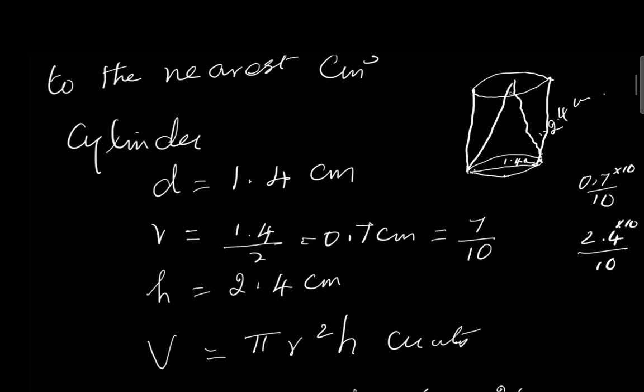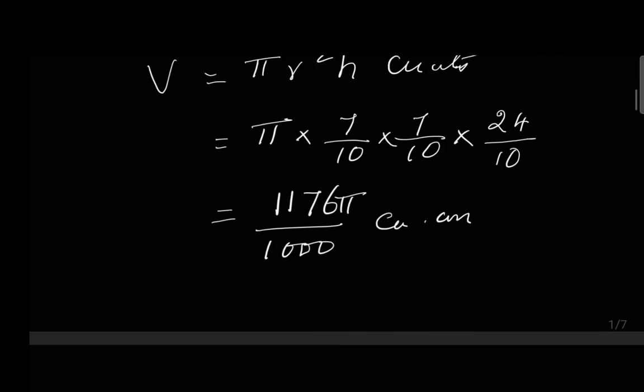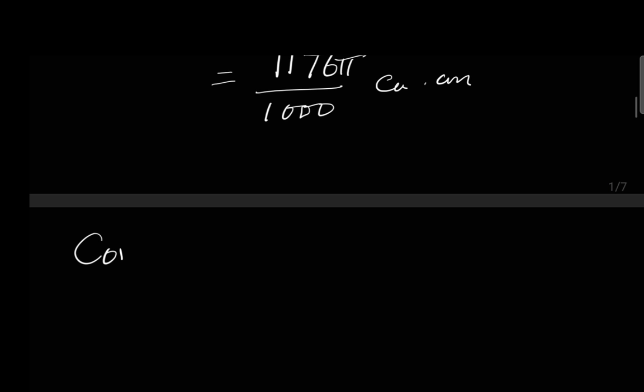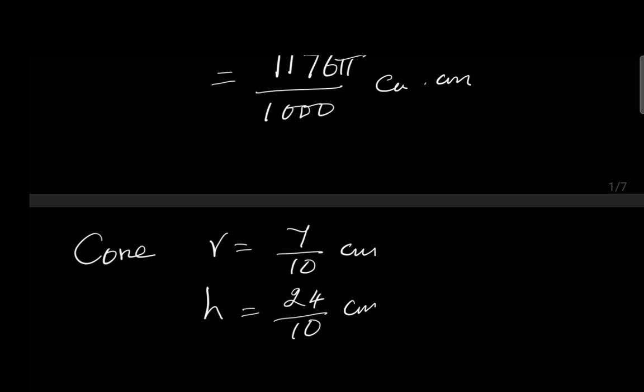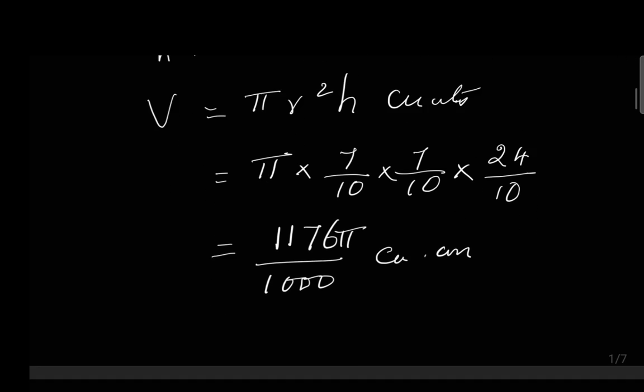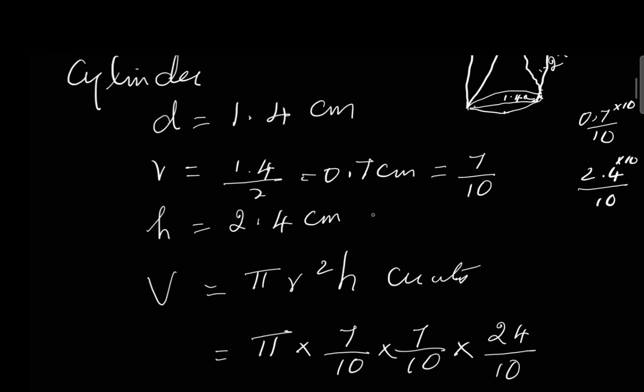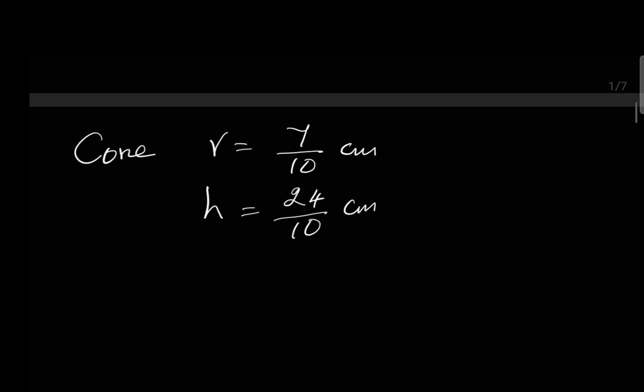From this solid volume we remove the conical part whose diameter and height are the same as the cylinder. So write cone: same radius, r is 7 by 10 centimeter and height is 24 by 10 centimeter as we have seen for the cylinder. Volume V is equal to 1 by 3 pi r squared h cubic units.